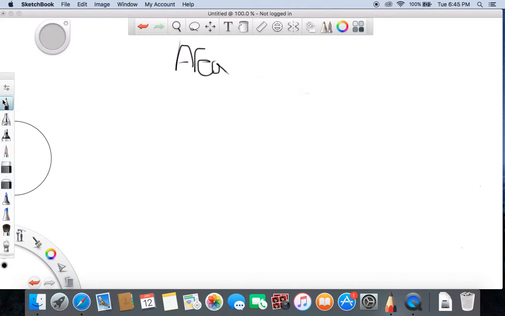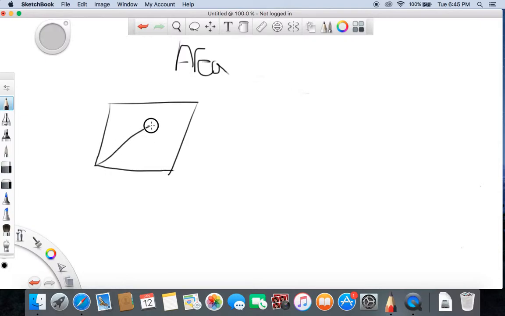Trapezoid and rhombus. I'm going to do the rhombus first. Alright, this is D1 times D2 divided by 2, I believe. At times you're going to be given the length of the diagonals, but at other times you're not going to be given them.